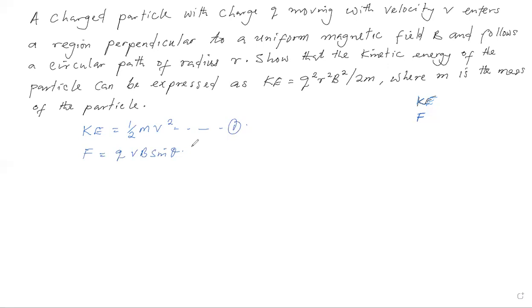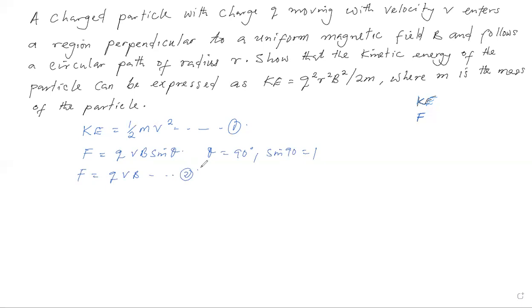Perpendicular means the angle between the magnetic field and the velocity is 90 degrees. So theta here is 90 degrees. Therefore, sine 90 equals 1. So this equation is going to be QVB. So you have that one.